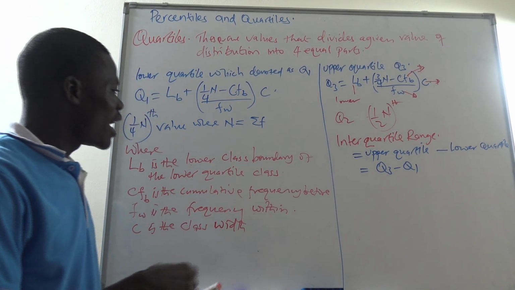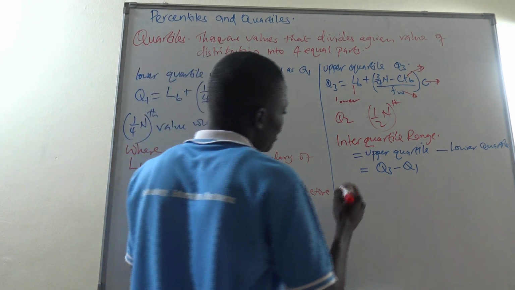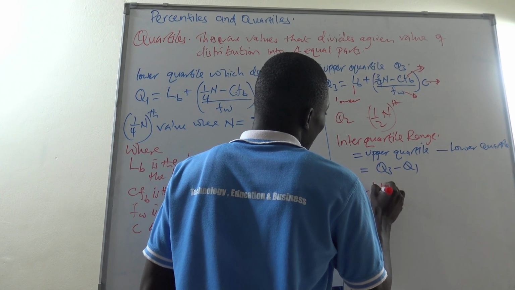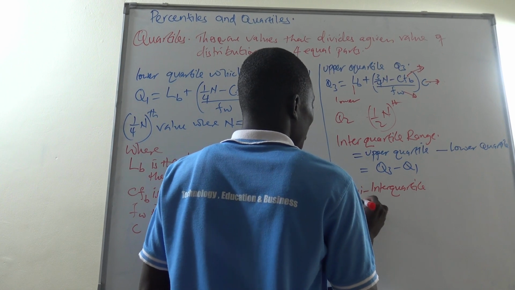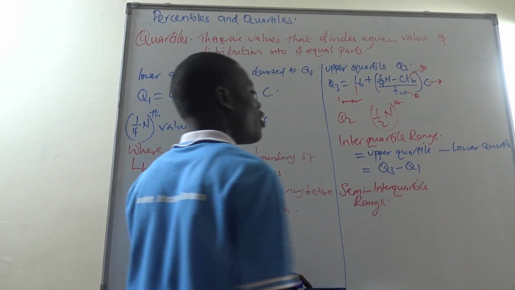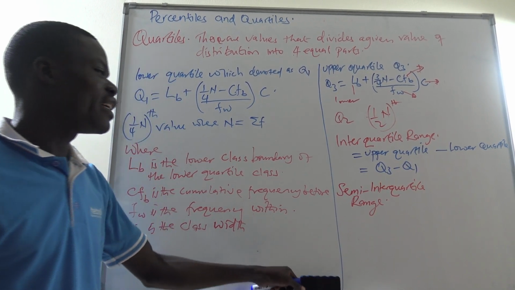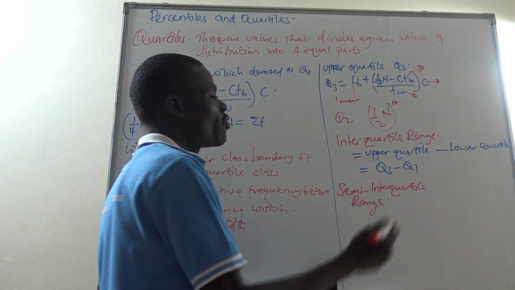They can also ask you to calculate the semi-interquartile range. Just as with a circle, if they tell you to find a semicircle, it is obvious that you get a half of that circle.